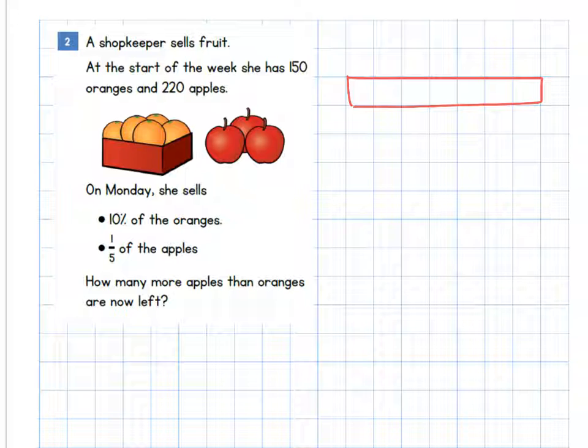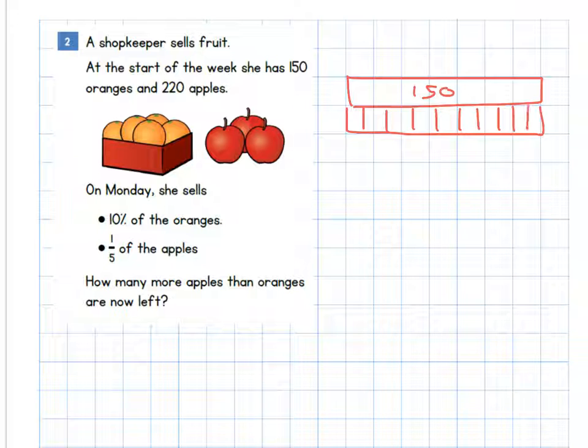Here it is. Now, she had 150 oranges, but sold 10%. If you remember from before, we find 10% by dividing by 10. So 1, 2, 3, 4, 5, 6, 7, 8, 9 little lines gives us 10 little boxes. Now they're not perfectly even, but it doesn't always matter. So each box is worth 10% of those oranges.